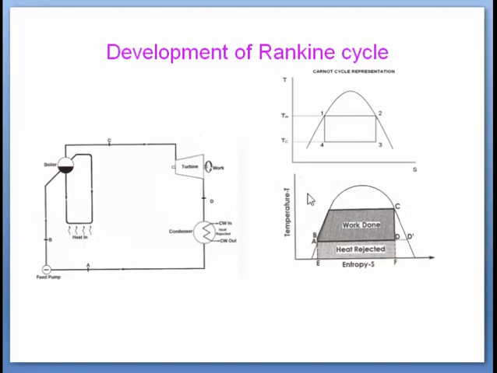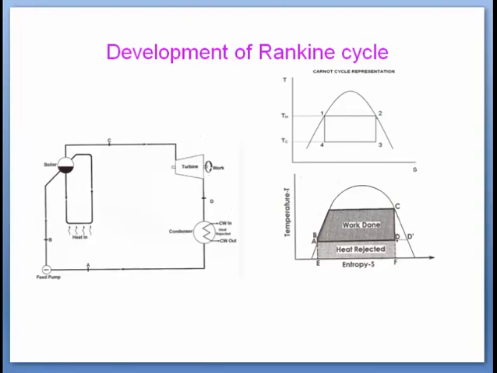Now we can see this thermal power plant process over the TS diagram. This is the simple Rankine cycle. Here the earlier problem associated with the Carnot cycle, the wet expansion in the turbine, still remains.